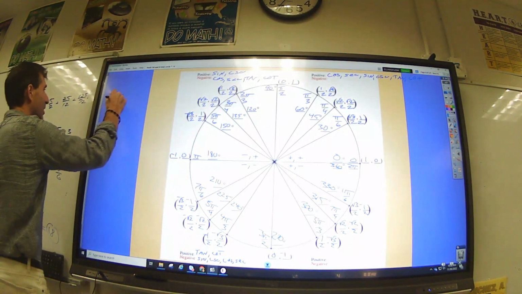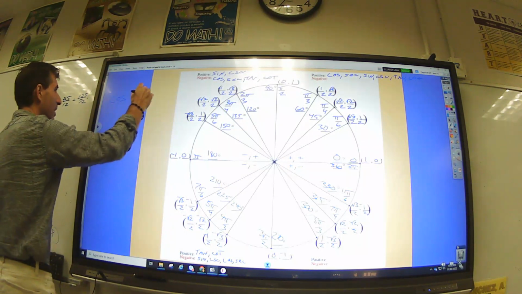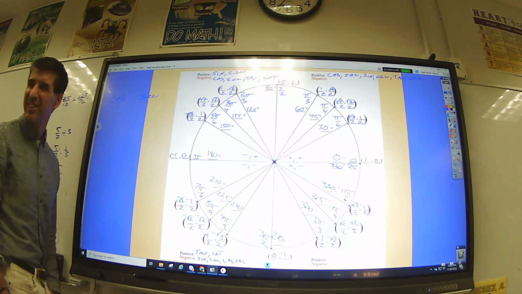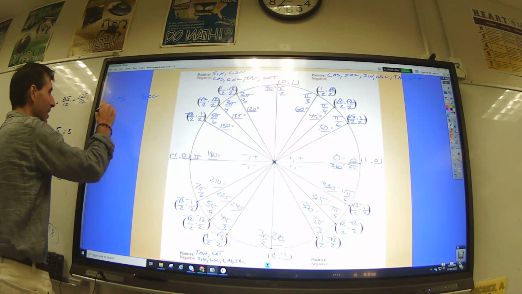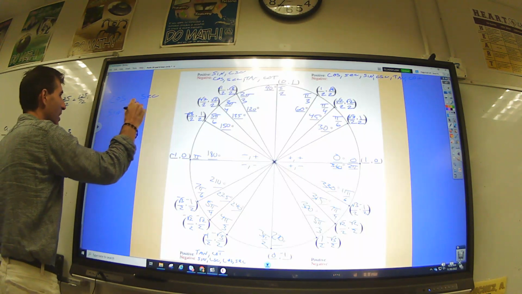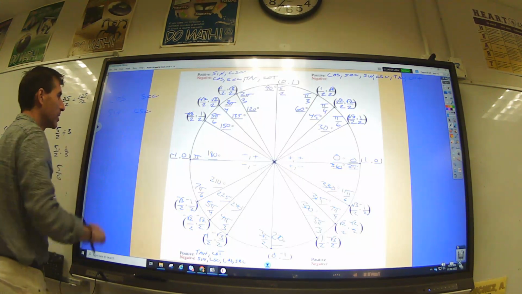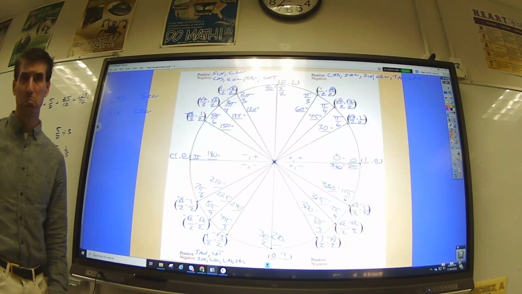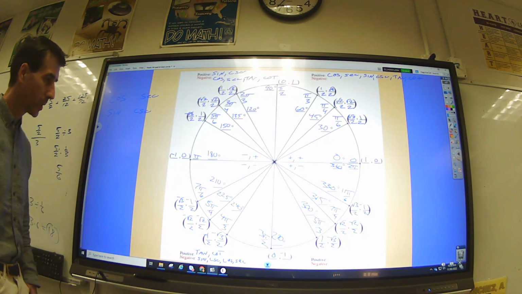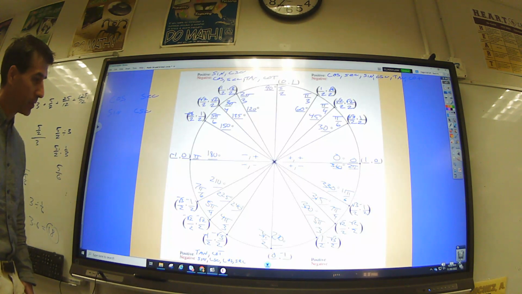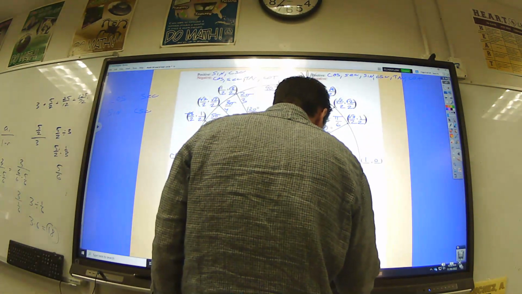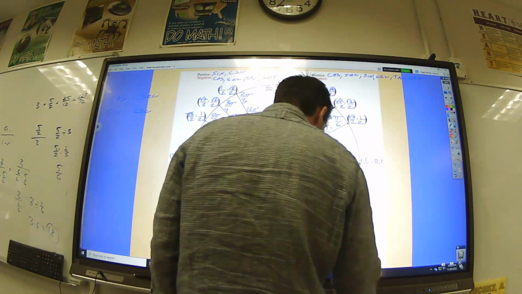Because cosine and secant are reciprocals, but they start with different letters. And then sine and cosecant are reciprocals, and they start with different letters. I don't know if that helps or makes it worse. Positive, we got cosine and secant, right?